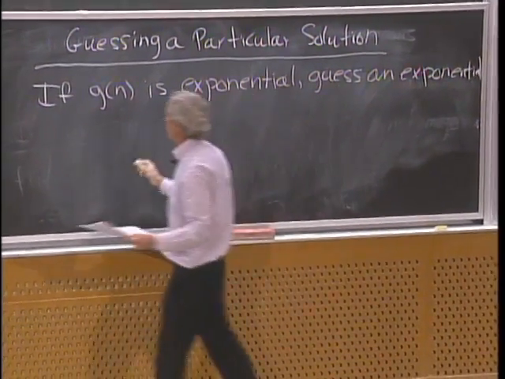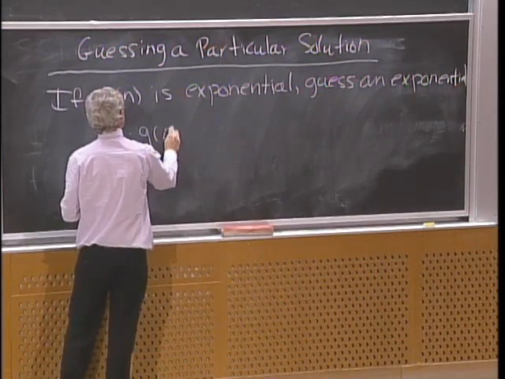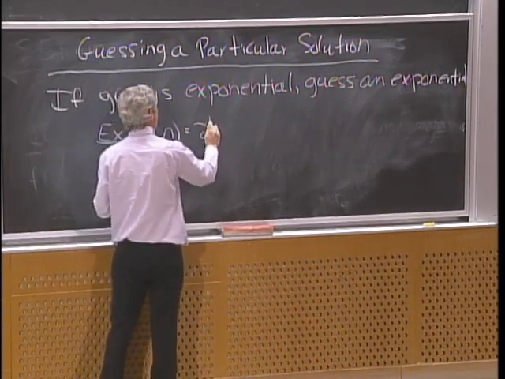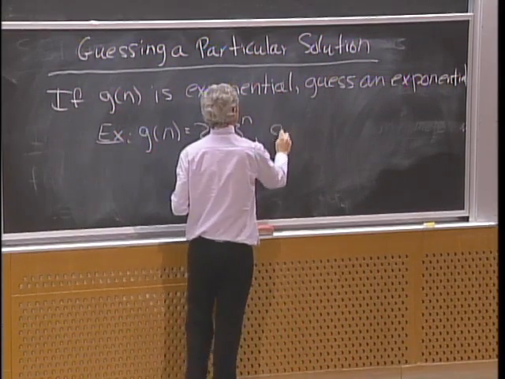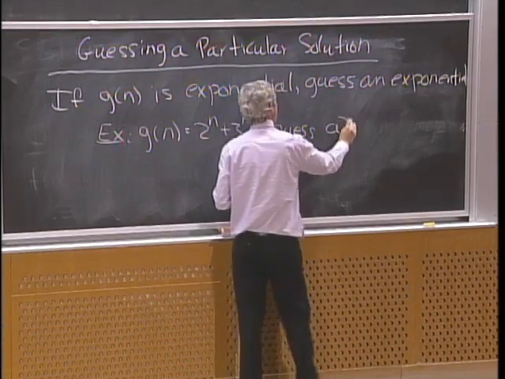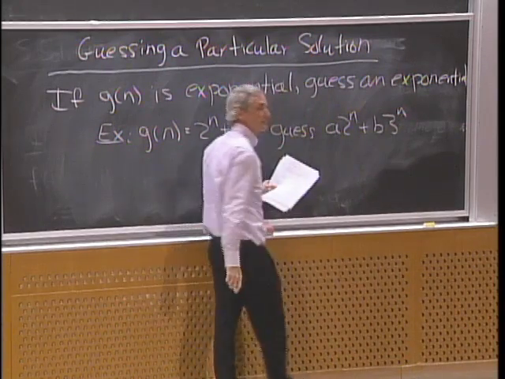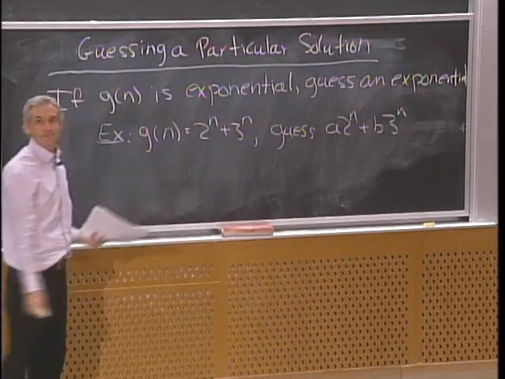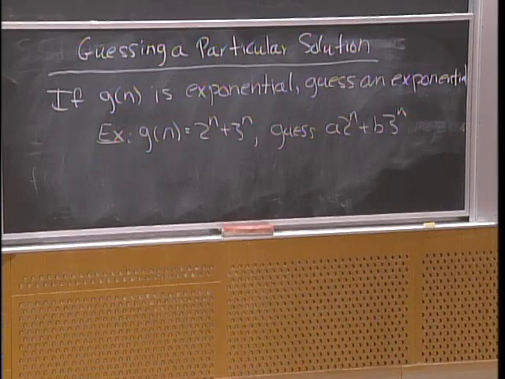So for example, say that G is 2 to the n plus 3 to the n. What you should do is guess some constant a times 2 to the n plus some constant b times 3 to the n. Plug it in, not to the boundary conditions, plug it into the recurrence equation and solve for a and b. And it generally will work.